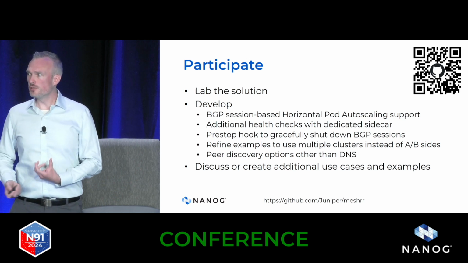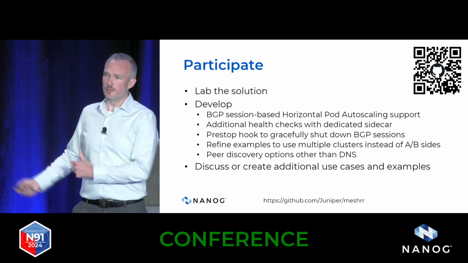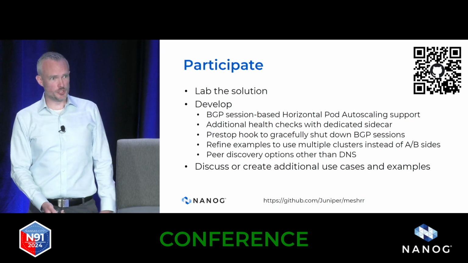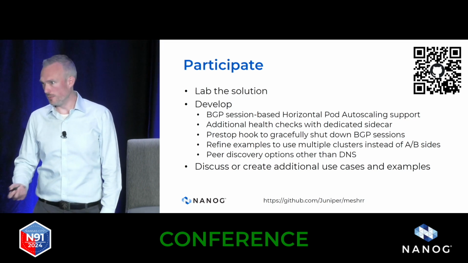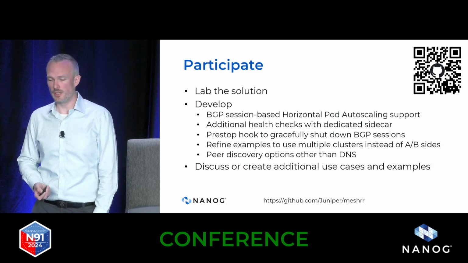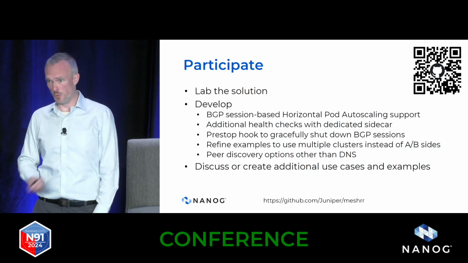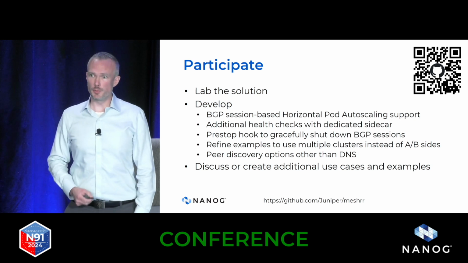What this does is it allows me to set thresholds that say, at a certain point, I need to have more pods. Because we're talking about BGP route reflectors, a very natural extension of this would be to scale based on the number of clients. So if I wanted to say that I don't want the average route reflector to be handling more than 100 clients at a time, I can do that, and Kubernetes will handle that for me.